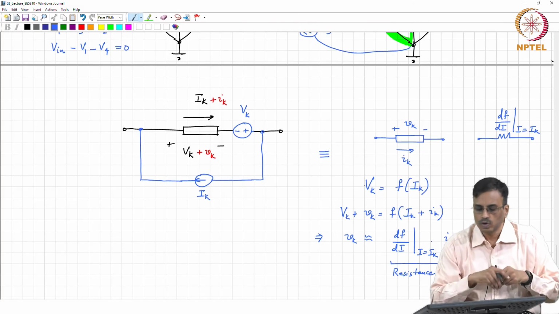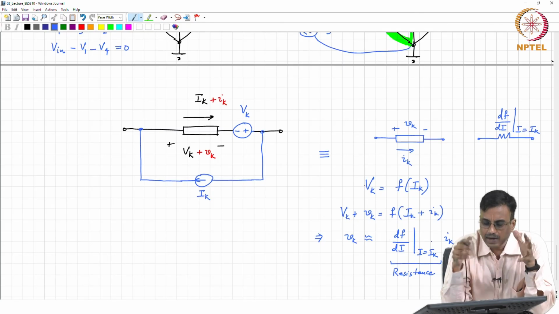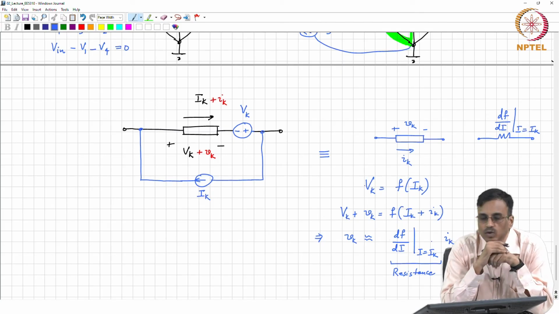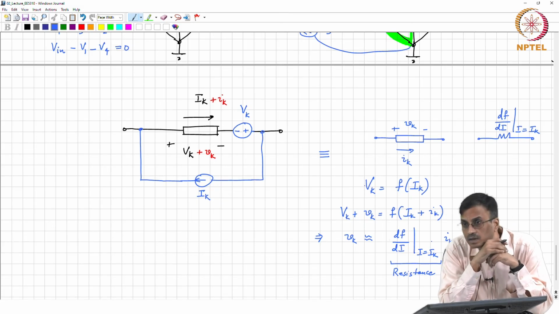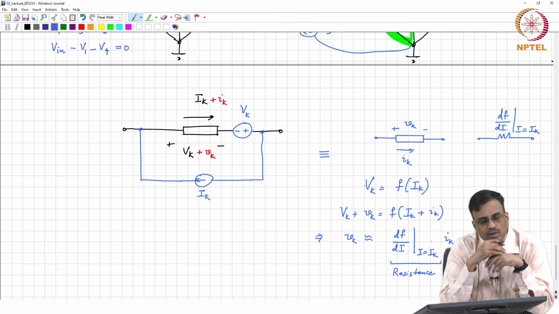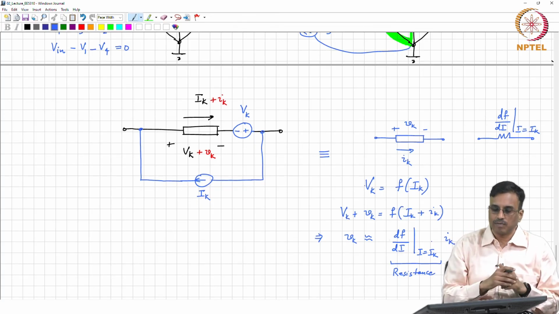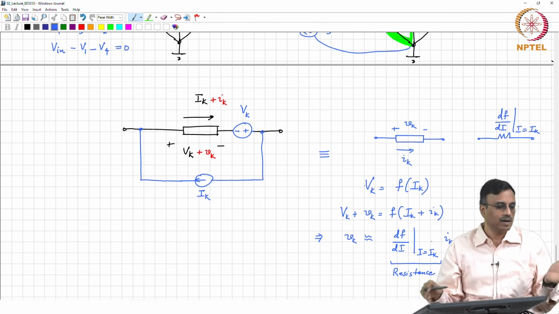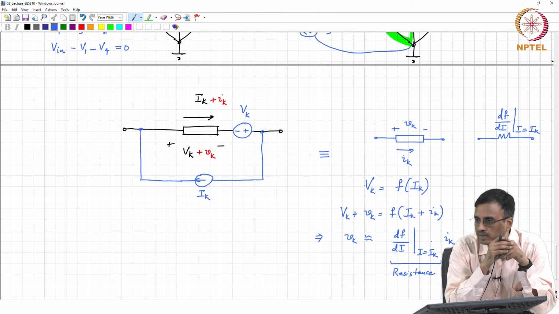So, the bottom line is, what is the advantage of this whole exercise? Why have we done this exercise? Pardon? From the main network, of course, you can derive the incremental network, but let me step back a little bit and motivate why we are doing this small signal analysis in the first place.